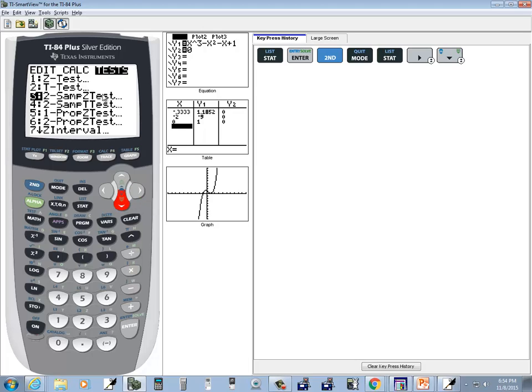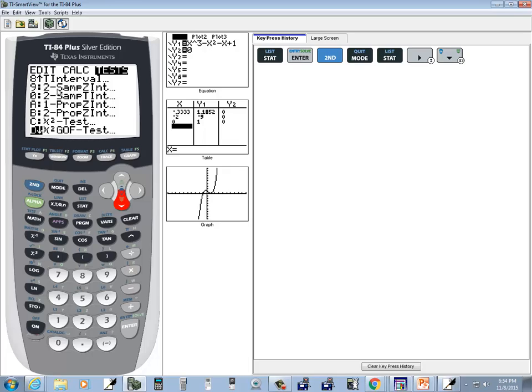Now, the ones that end with tests are hypothesis testing, so it's real easy to see which one to use. The ones that end with either interval or INT are our confidence intervals. So we come down here, and there's three possibilities: 2samp z-int, 2samp t-int, and 2prop z-int. The prop is for proportion, so that one's pretty obvious.